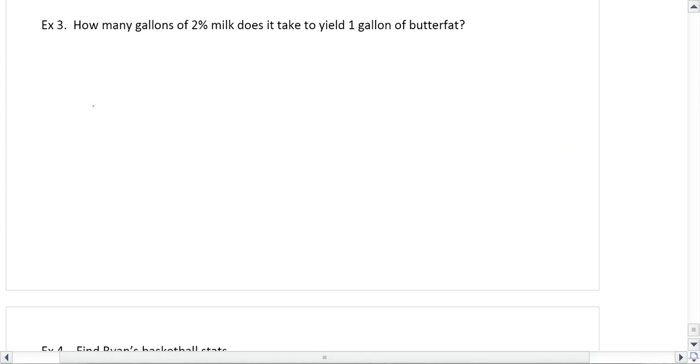So what we want to do is rewrite this, or think of it like that previous example we did, like 10% of what number is x. To rephrase this, we are looking for 2% of what number, because we don't know how many we need altogether. So 2% of what number is 1 gallon.